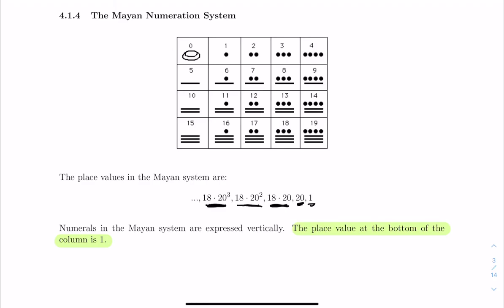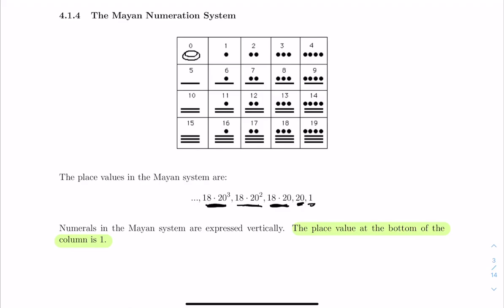And we keep going in that fashion until we hit 10. 10 becomes 2 lines. 11 becomes 2 lines with a dot. So what you end up seeing is that when you hit the next set of 5 at 15, we get 3 lines. 16 becomes 3 lines and a dot. So when we hit 20, we would end up with 4 lines, and then we would add the dots on top. And that's the pattern that keeps happening.